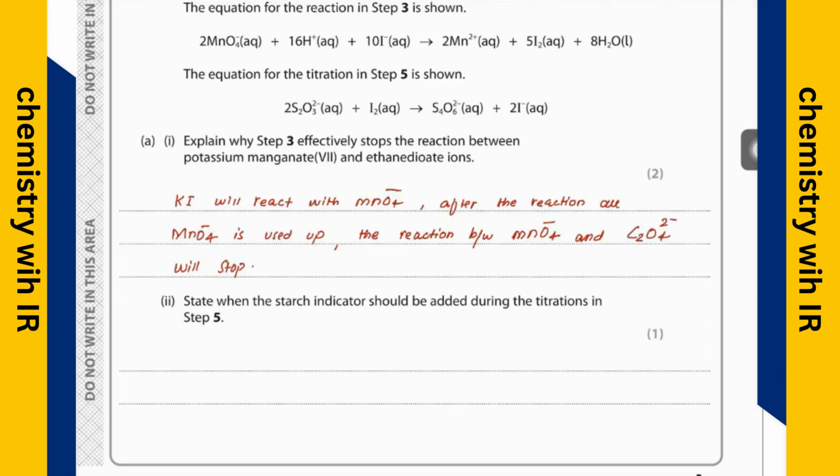When the starch indicator should be added during the titrations in step 5. So basically, what's the color of iodine in aqueous form? I can say it would be a yellow solution.